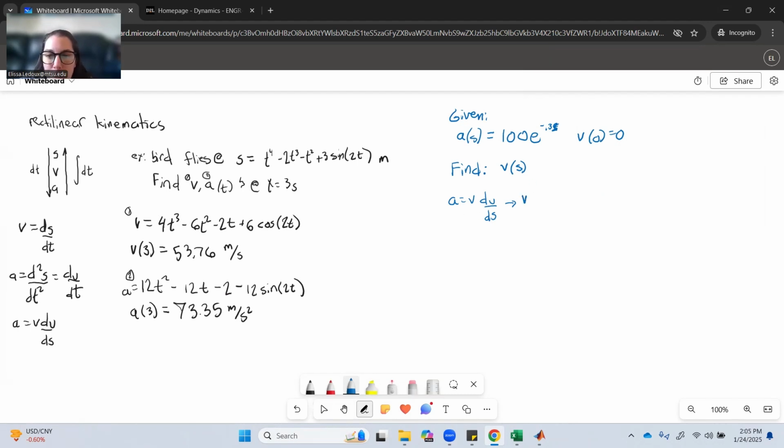So we'll say v dv equals, and then this ds comes around and gets multiplied by the a, but a equals 100 e to the minus 0.3 s. So we have 100 e to the minus 0.3 s ds. So we just plug that 100 e to the minus 0.3 s in here for a. And now we have to integrate each side.